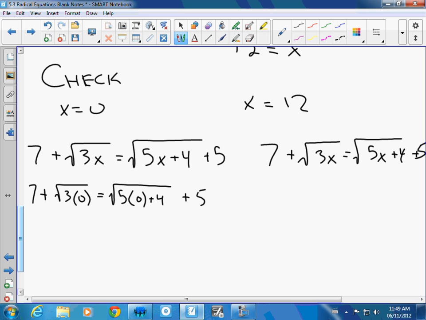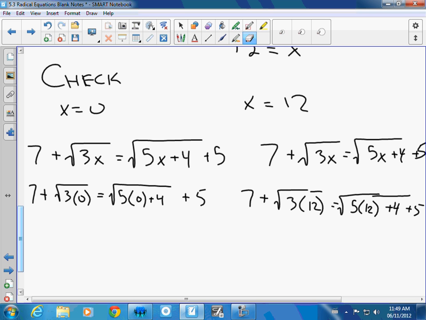Wow, this one's actually quite easy with the 0, isn't it? While you're writing that down, I'll do the other side here. So 7 plus root of 3 times 12 equals root of 5 times 12 plus 4, plus 5. The board gets really out of alignment as it goes farther right. It goes off by a couple inches at least.